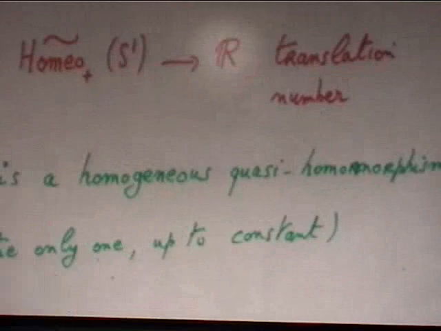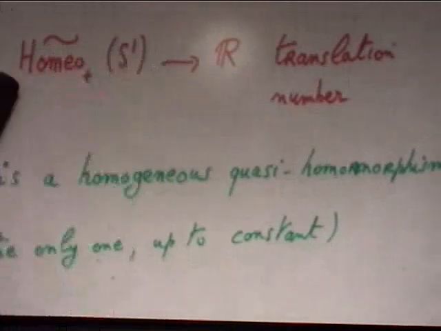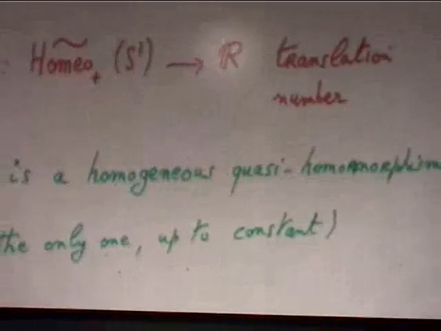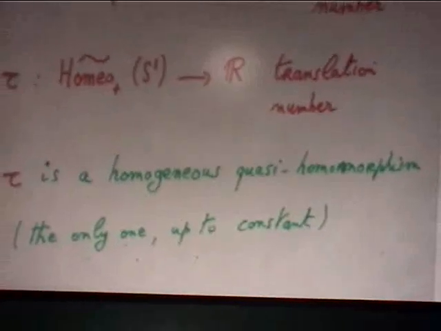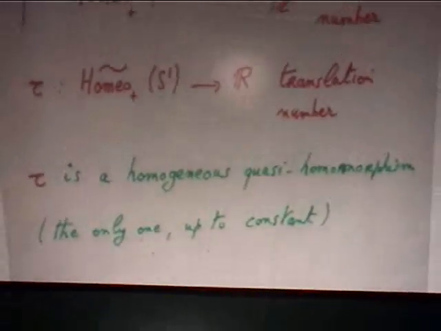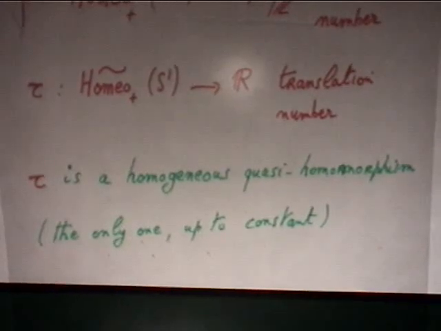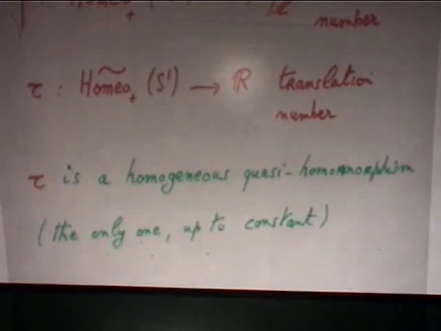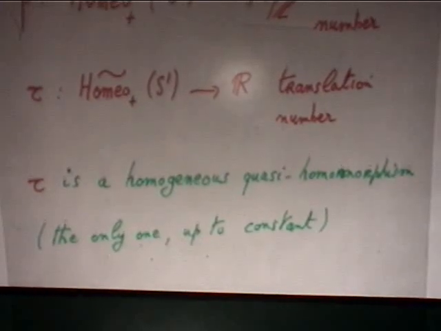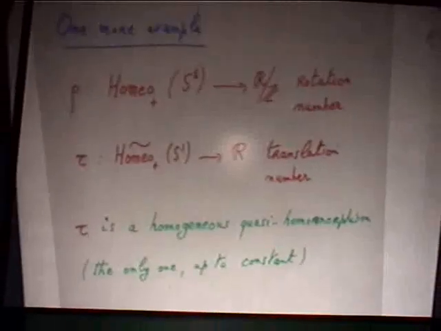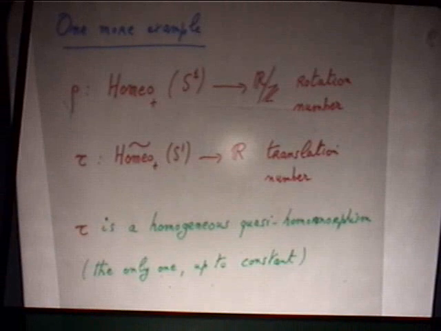However, when you lift this map to the so-called universal cover of the homeomorphism group of the circle, you get the so-called translation number. And translation number, even though it is not a homomorphism, is a quasi-homomorphism. This is something that everybody in dynamical systems knows. And what I might add, and this is an observation I made at IMPA in 81 or something, is that one can abstractly define rotation number as being the only quasi-homomorphism on this group.